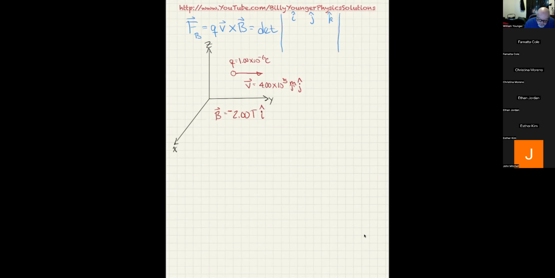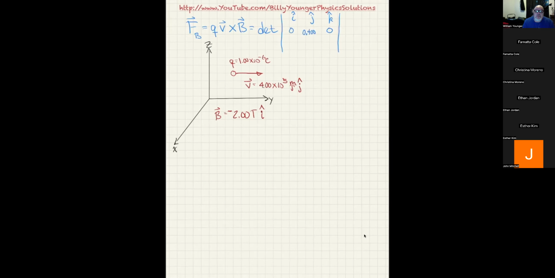The middle row being Q times V. So you can see if I multiply 4 times 10 to the 5th times 1 times 10 to the negative 6, you're going to get 4 times 10 to the negative 1. So that'd be 0.400. And notice it's only in the J direction. I'm going to leave off the units. So I'll put a 0 here and a 0 there. Okay. So that middle row is QV.